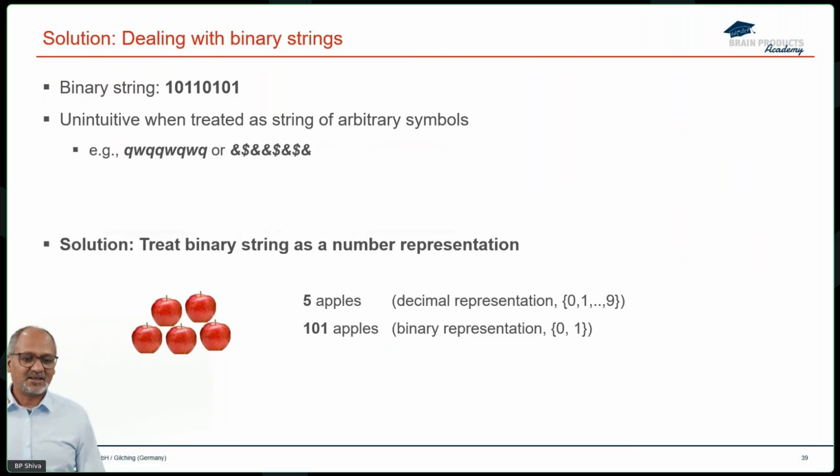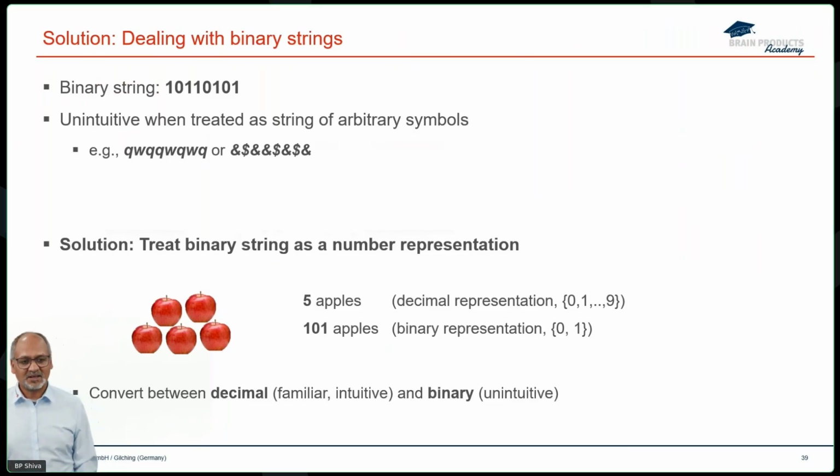It also can be represented in binary format by the number 101. The useful utility of thinking about binary as a number representation is that we can easily convert between the decimal format, which is familiar and intuitive, and the binary format, which is machine friendly, but not necessarily intuitive for us. This is a convention that is not theoretically necessary, but it makes it easier and more convenient to work with binary information.